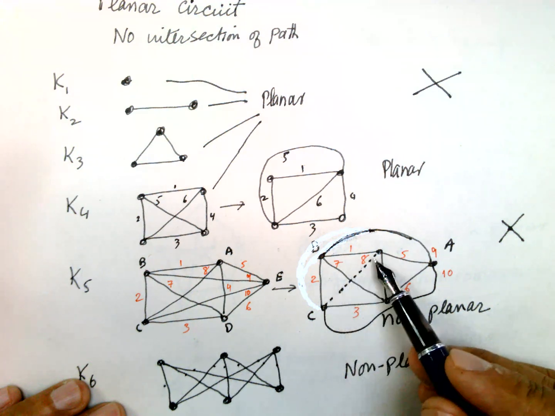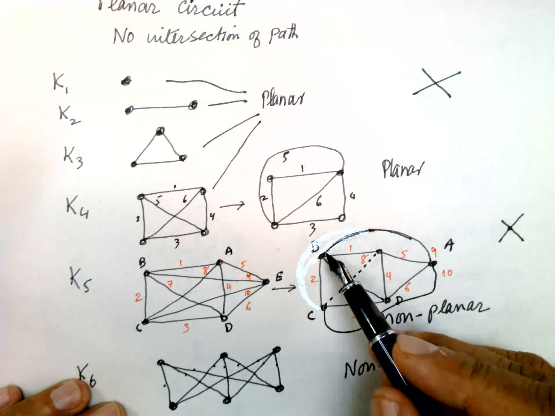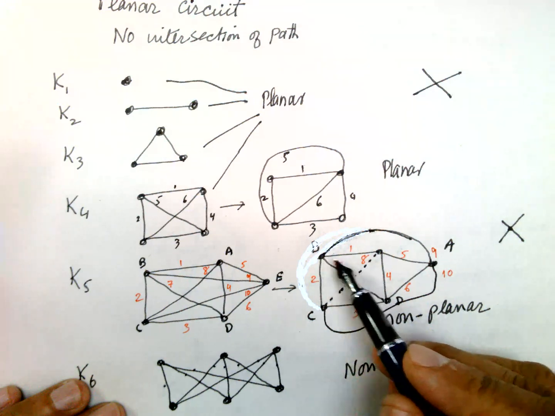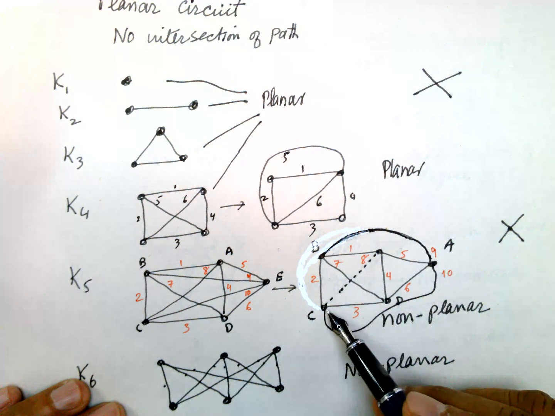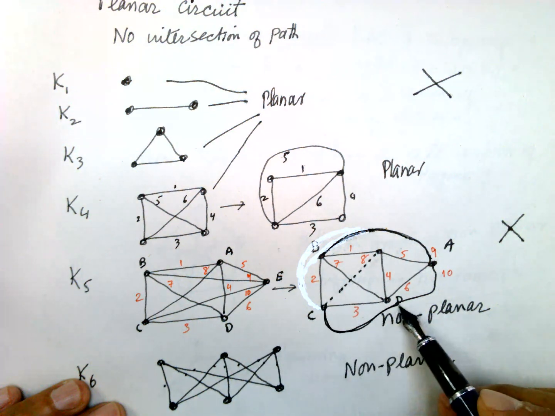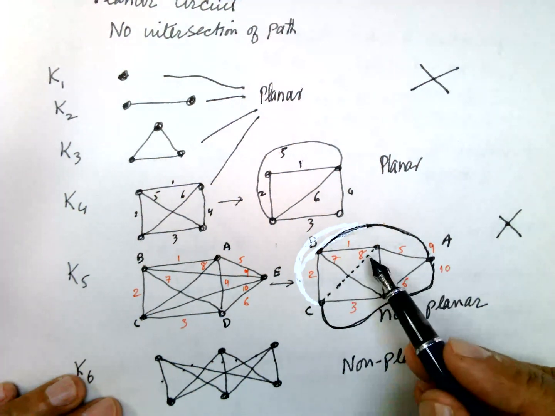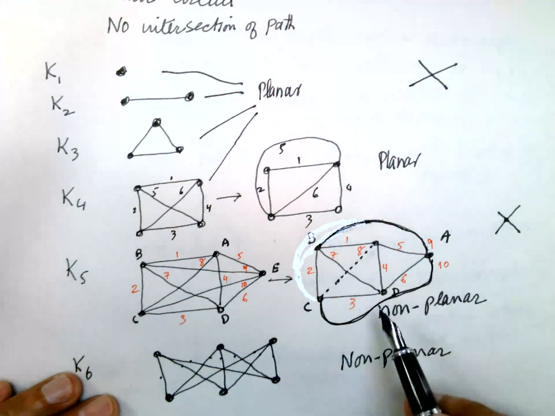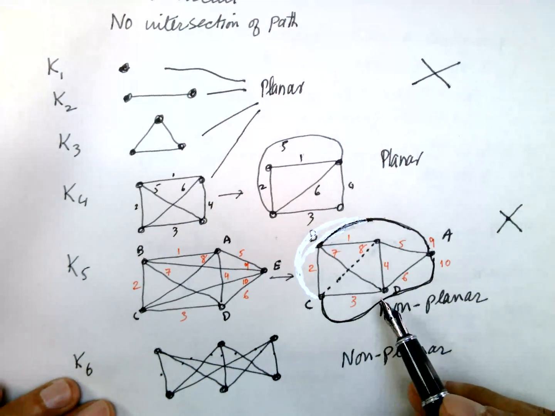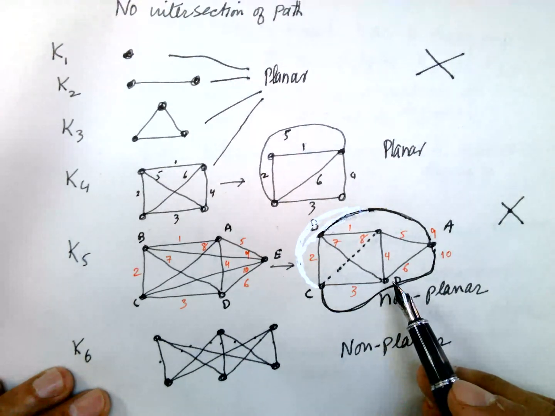Edge 8 has a problem: it is intersecting with 7. Edge 9 has no problem, it is not intersecting any edges, and similarly 10 has no intersection with another edge. So the only problem is with edge 8, and we cannot do anything about it. For this reason, the graph K5 is non-planar.